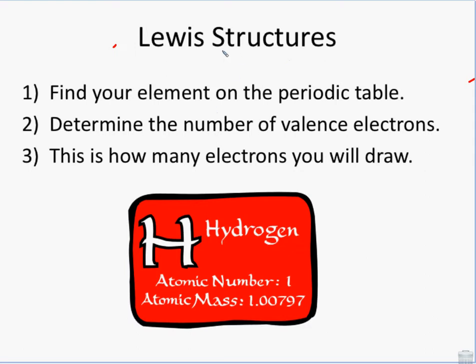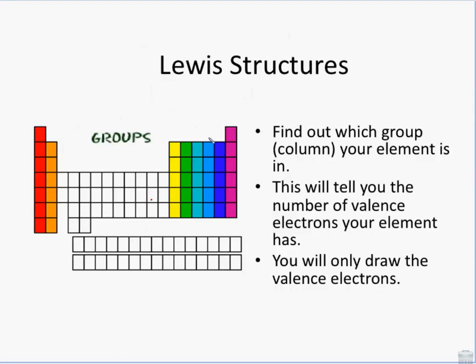The first thing that we do when we start writing Lewis structures is we find our element on the periodic table. We've looked at the periodic table and talked about it. We even did groups. You in your groups studied some of these groups, and we're going to be looking at these groups.